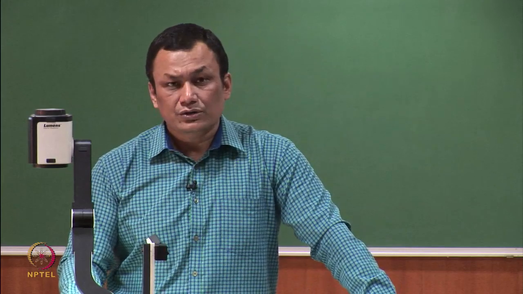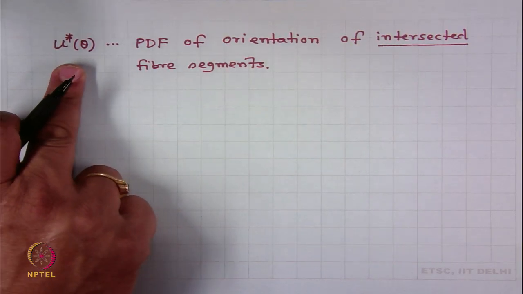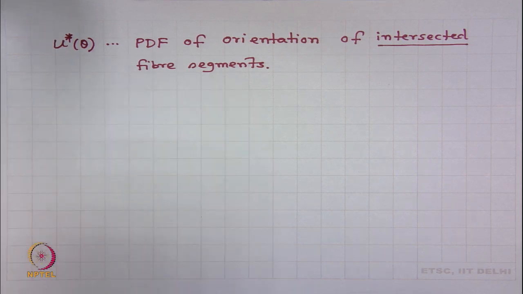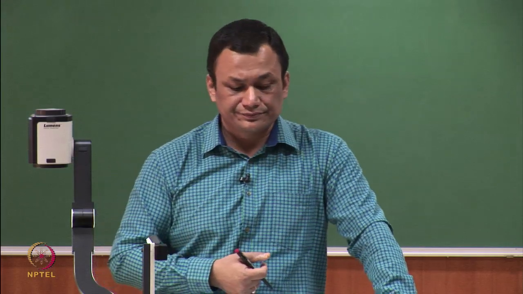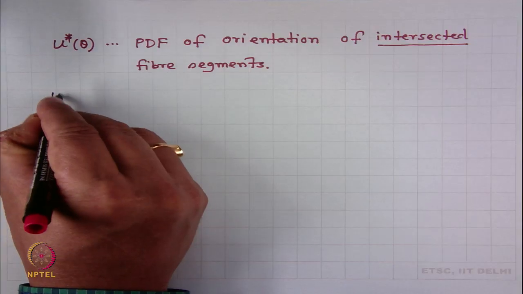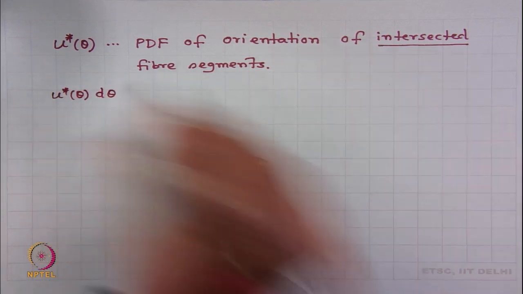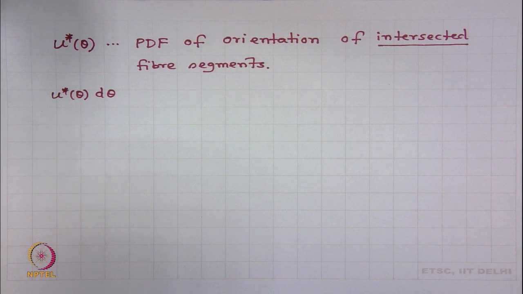So, how to find out this PDF u star theta, or we can frame this question in a different manner. What is the relation between u theta and u star theta? So, let us derive that. What is the meaning of u star theta d theta? This is definitely relative frequency, but relative frequency of what?